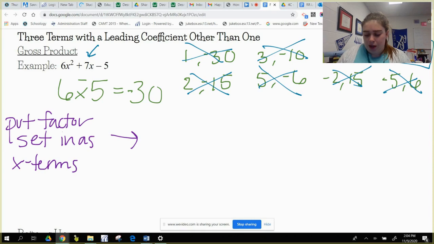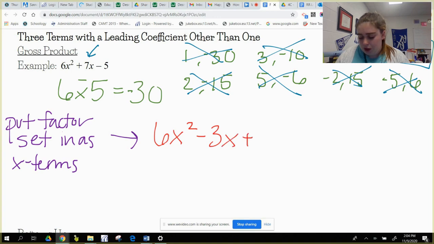I'll show you what I mean. We have 6x squared first. Then instead of the 7x, we're going to have -3x, and then plus 10x. So you see that we had that -3 and the 10, and we just made those x terms and put them in the middle. And then we have the -5 at the end.